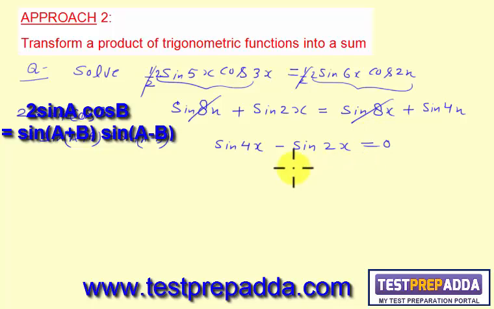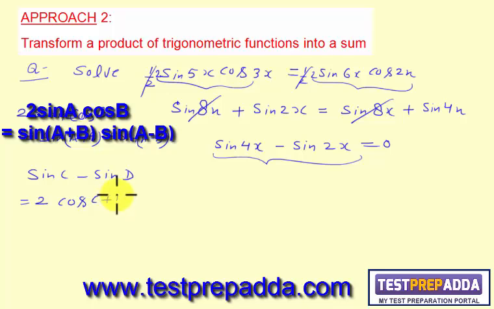Now here we can use the transformation for sin C minus sin D. Recall sin C minus sin D is 2 cos (C plus D) by 2 into sin (C minus D) by 2.